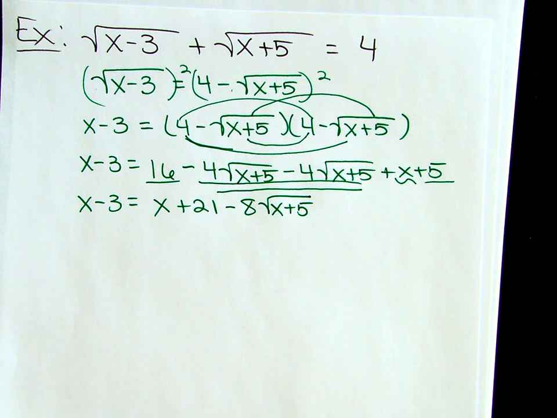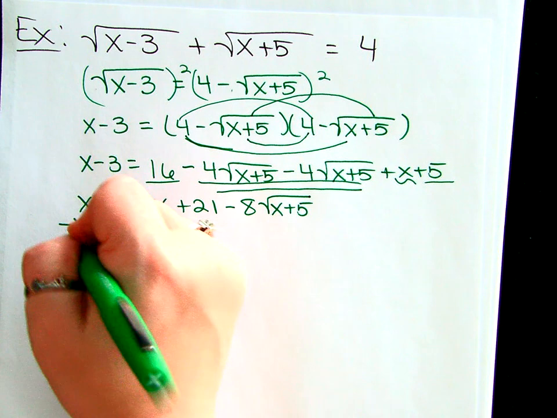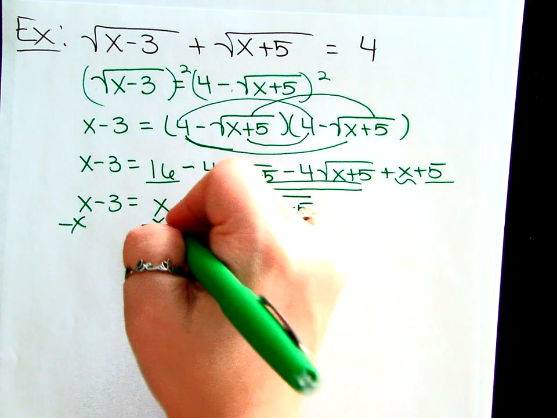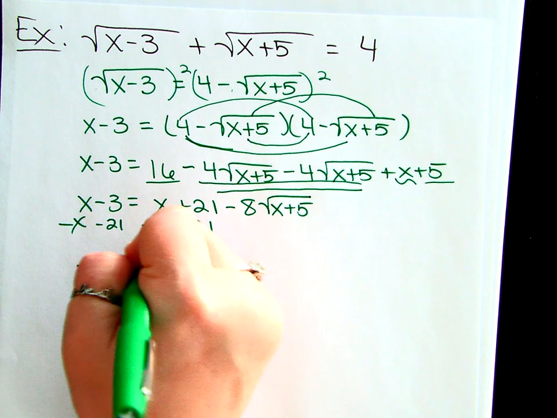So now I have just one radical, so I'm going to think about moving everything over to the other side. If I subtract that x over, look what happens to my x's. They completely fall away. And if I subtract my 21 over, then I get negative 24 equals negative 8 square roots of x plus 5.